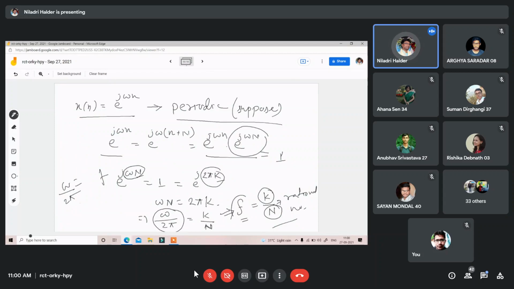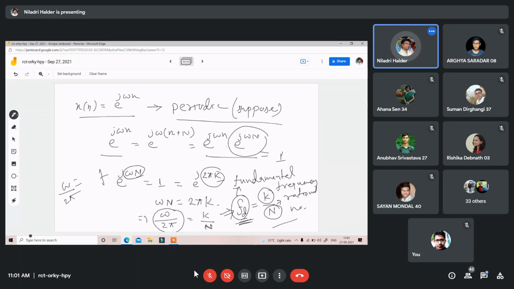That f is called the fundamental frequency. Sometimes it is defined as f0 also. So simply from a given sinusoidal expression, you need to calculate the value of f0, and if f0 is a rational number, then it's periodic.